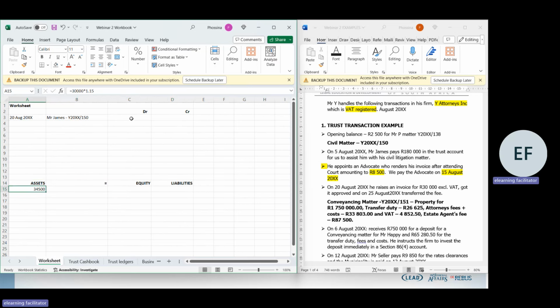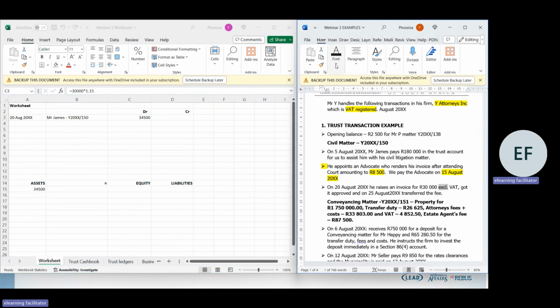So in this case, when we are debiting, we're going to debit the account of Mr. James, particularly this Y20X stroke 150. How much? 34. So it is our fee, because when we are collecting from him, we are going to collect including the VAT. So if you go back to the last webinar, you will see we illustrated how VAT is calculated. If you can go back, and then you can apply this concept of excluding, including, like in this case, we are told it's excluding.